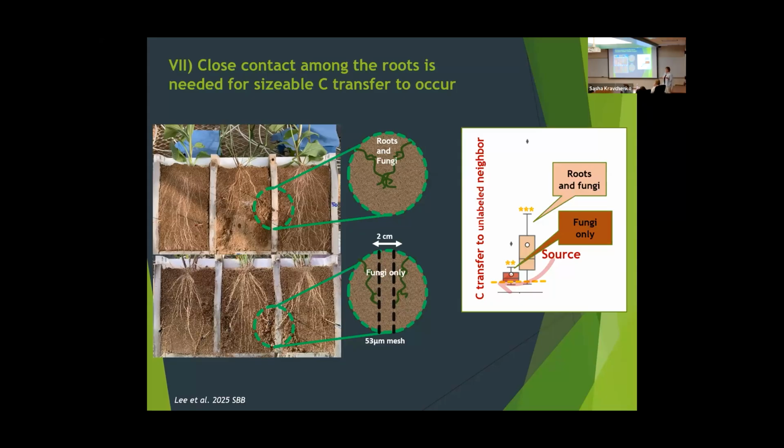But we were surprised that still we had a very strong signal about carbon exchanges with a fungal-only mechanism. So even though there was this 2 centimeters of soil plus the mesh separating the plants, there still was enough carbon transferred from one to another, again indicating the importance of that fungal mechanism.